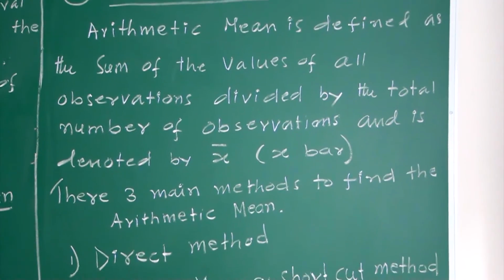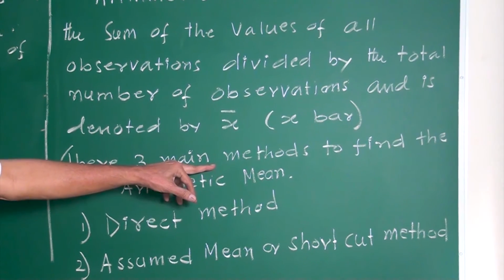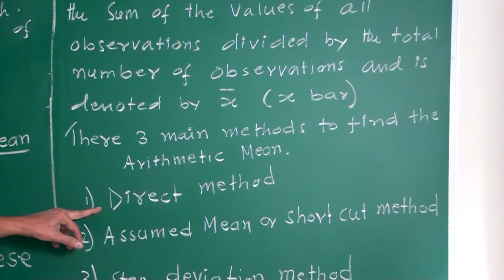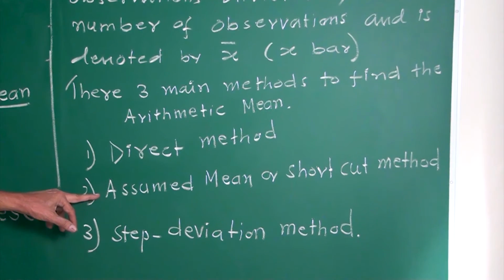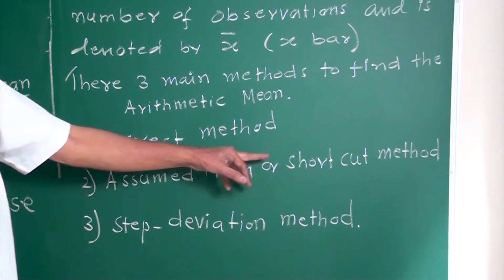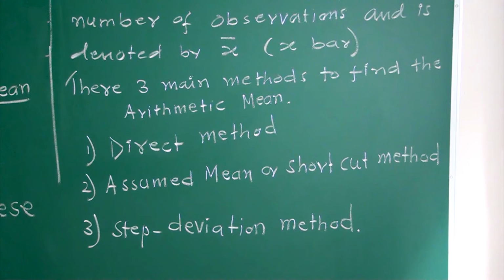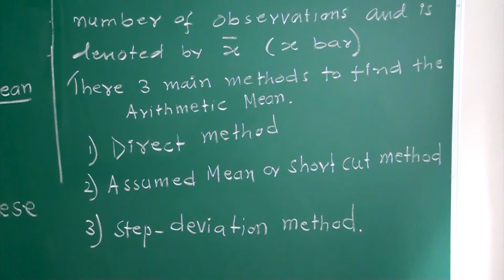Again, my friends, there are three main methods to find the arithmetic mean. One is the direct method. Second, assumed mean or shortcut method. Third is step deviation method. Yes, my friends, we shall go one by one.